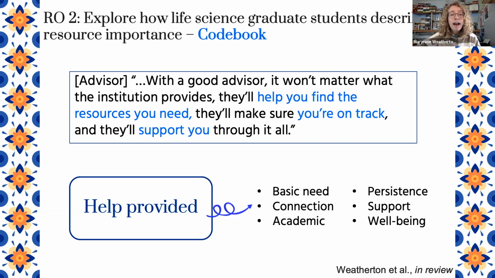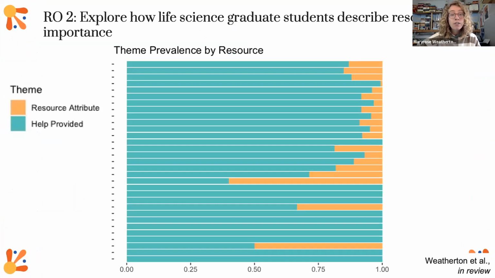So in terms of how these themes mapped onto the resources in our study, we've got this graph here where the x-axis is going to show us what percent of student free responses were coded under the resource attribute theme, which is in orange here, and what percent of the responses for each resource were coded under the help provided theme in blue.